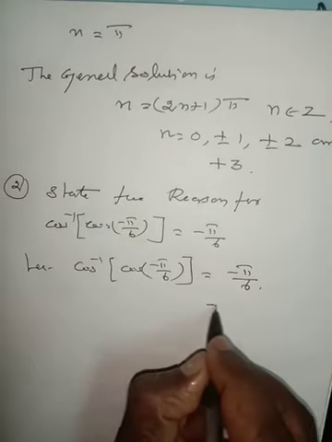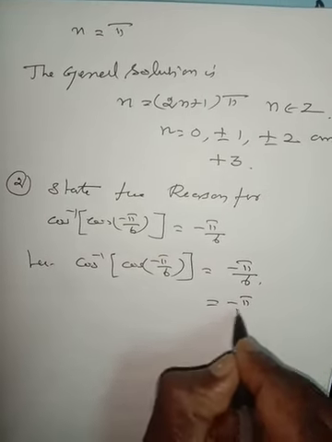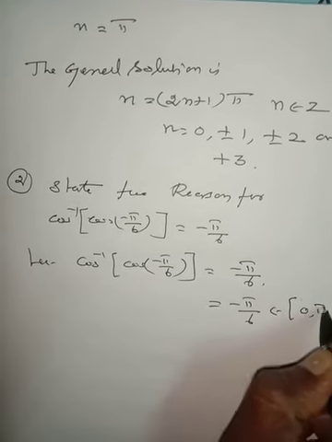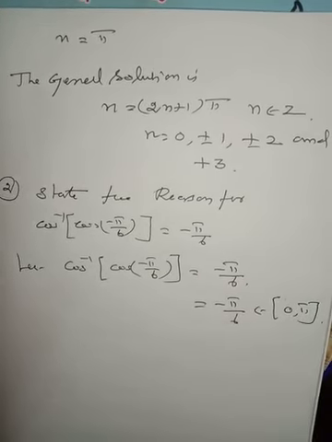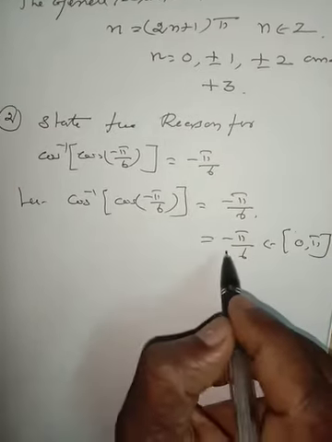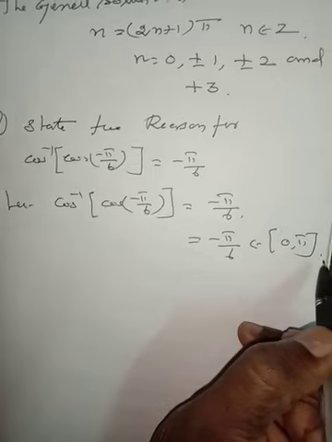Now this minus pi by 6 belongs to the interval 0 comma pi, since the cos inverse function varies from 0 to pi. Therefore, minus pi by 6 belongs to 0 comma pi.